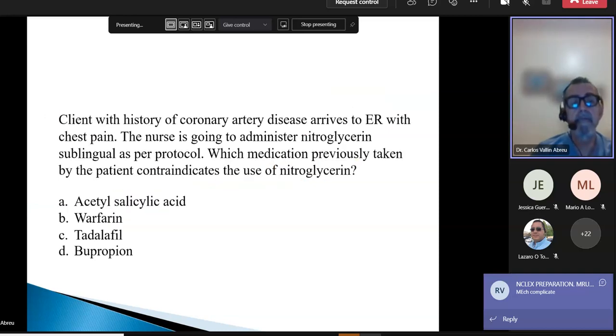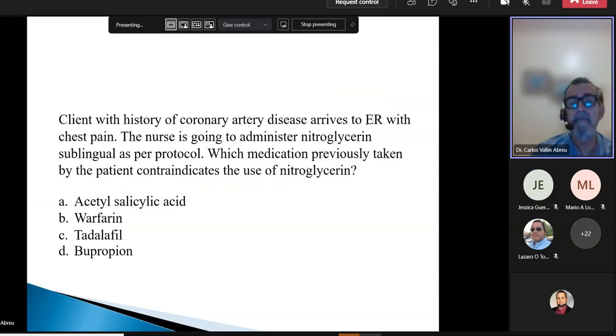A client with history of coronary artery disease arrives to the ER with chest pain. The nurse is going to administer nitroglycerin as per protocol. Which medication previously taken by the client contraindicates giving the nitroglycerin? Tadalafil.